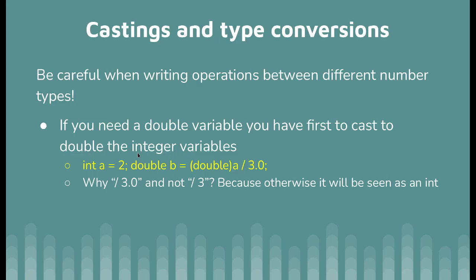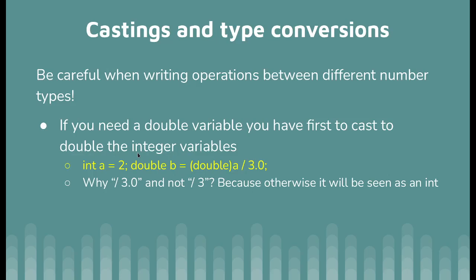What C and C++ will do when you don't specify anything is make the integer operation, so 2 divided by 3, which is 0.6 periodic, and it will cut the decimal part, so it will be just 0.